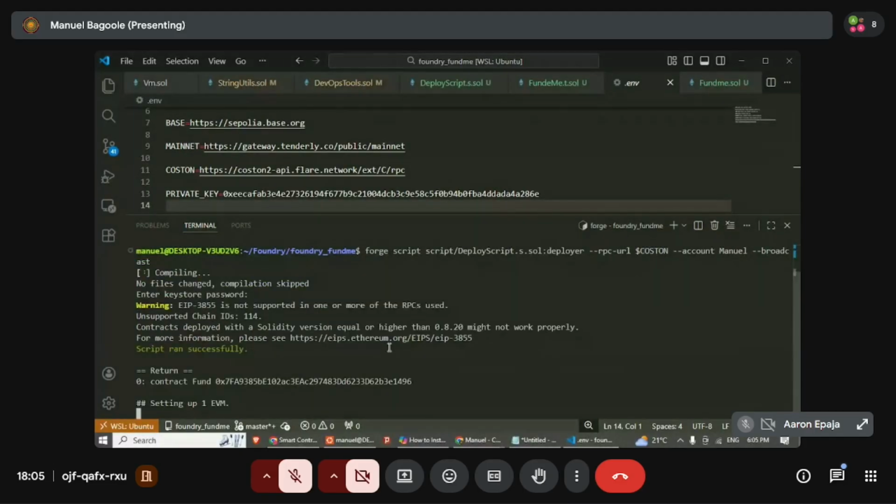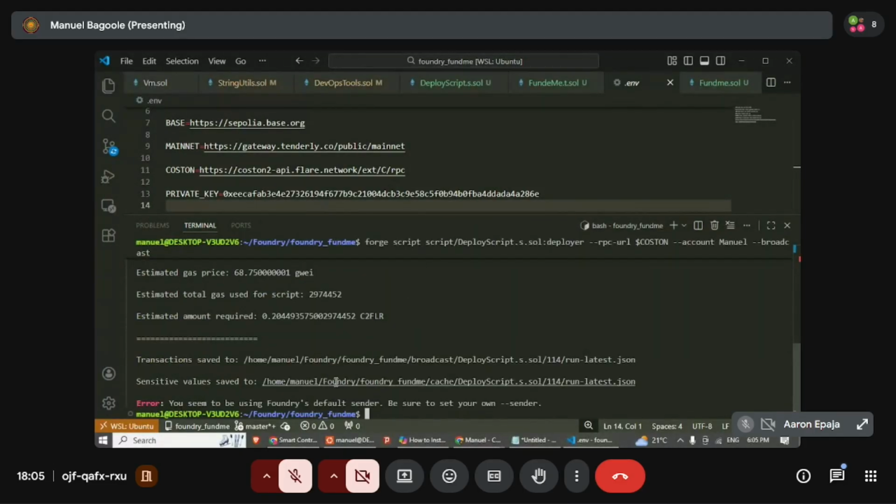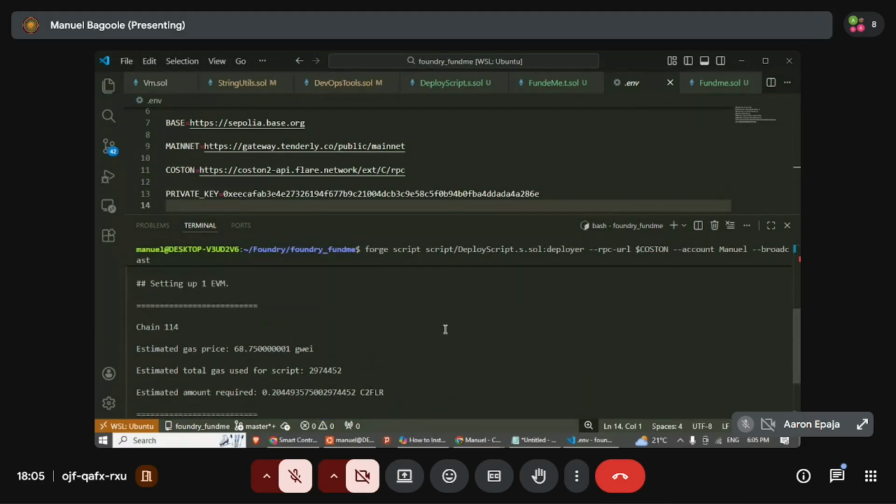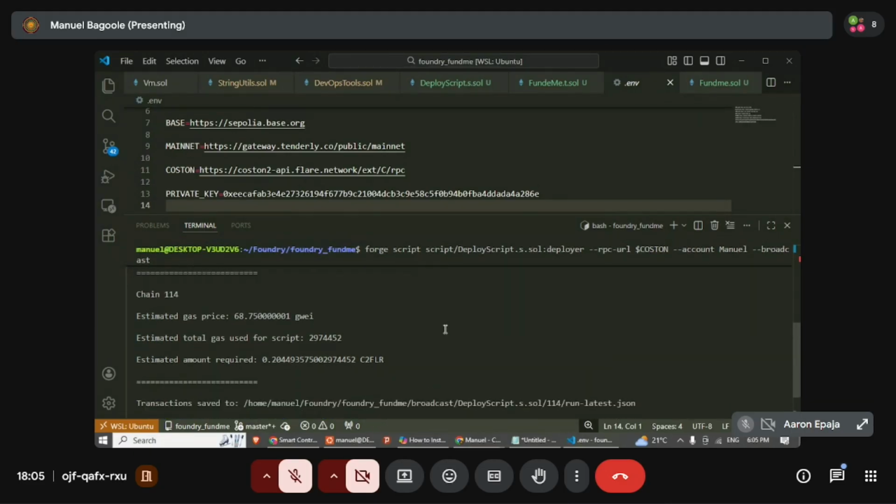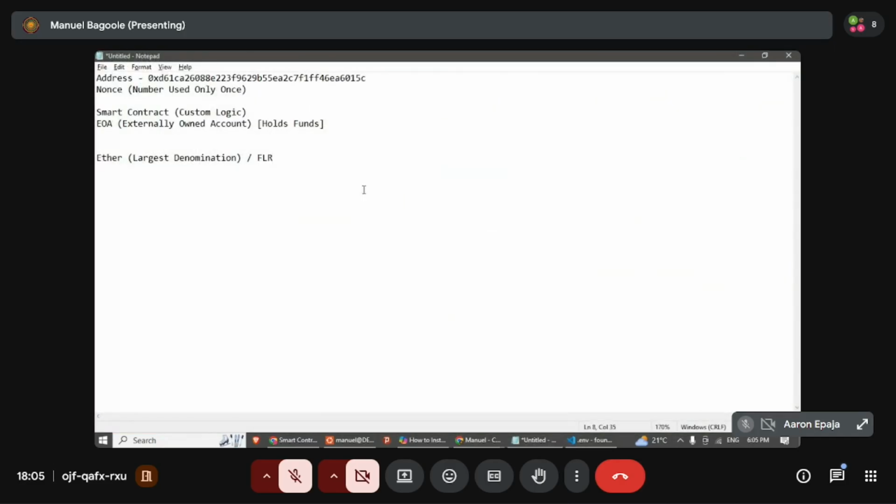Yeah, I have my private key imported here. When you see what it reads here, it says the estimated amount required was this many C2FLR. Now this is the equivalent of Ether on the Flare network, but it follows the same model, like we're going to see and explain later on. C2FLR would be the Flare testnet, or FLR on Flare mainnet.